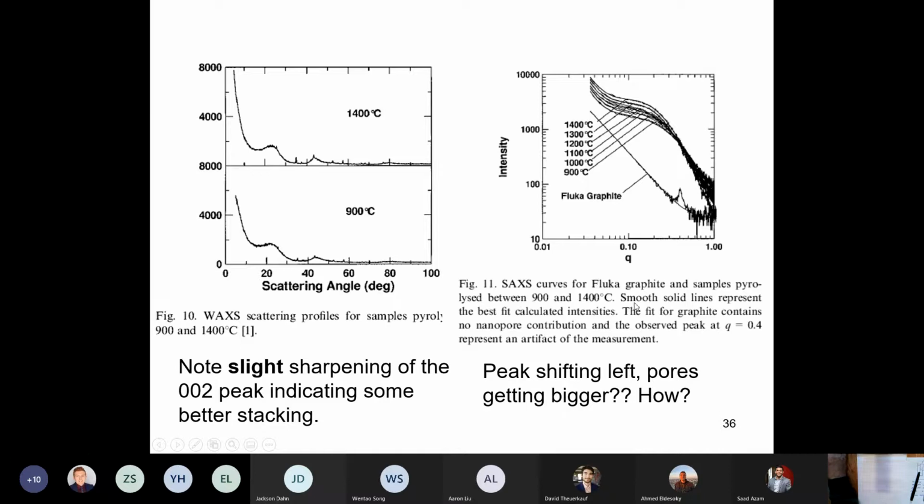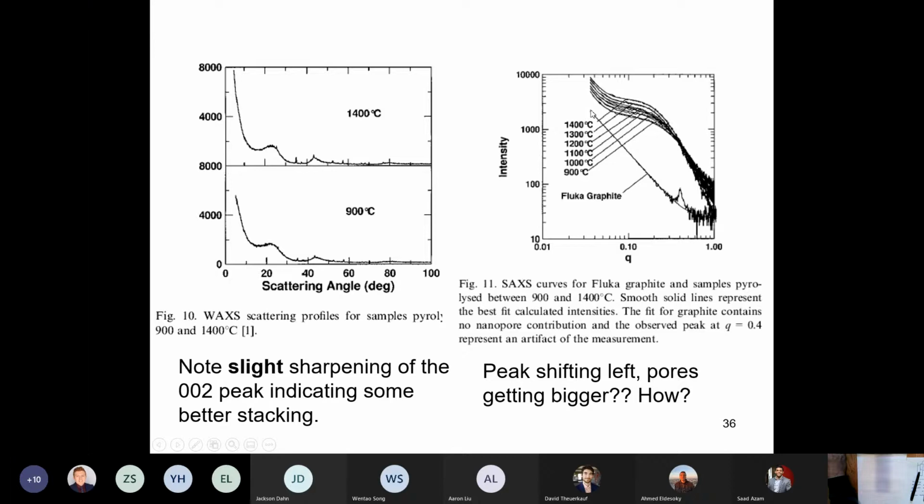Now over here, this is small angle X-ray scattering for a graphite sample called Fluka, and then these sugar samples heated between 900 and 1400 degrees C. Most of you are probably not familiar with small angle X-ray scattering, so I'll interpret what this graph means.